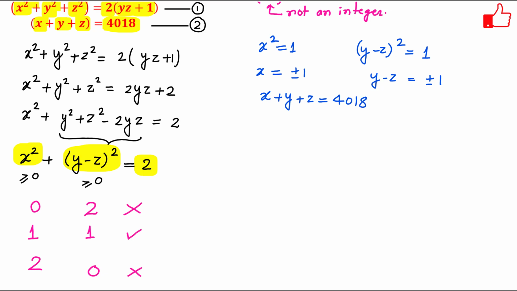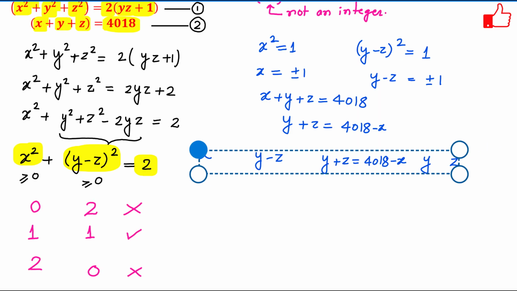This means y + z = 4018 − x. Now see what the different possibilities are for x, for y − z, and then for y + z, which is 4018 − x, and the corresponding values of y and z.